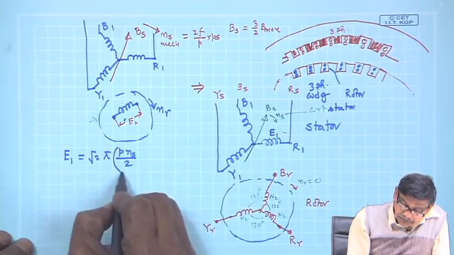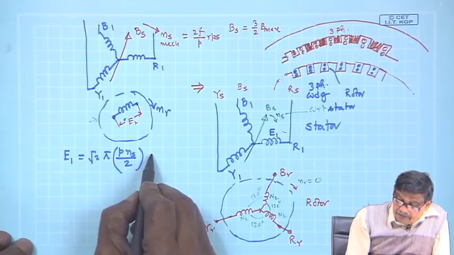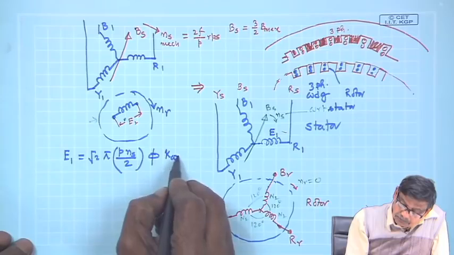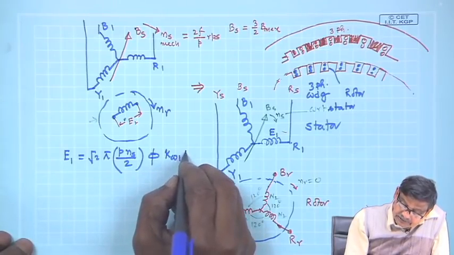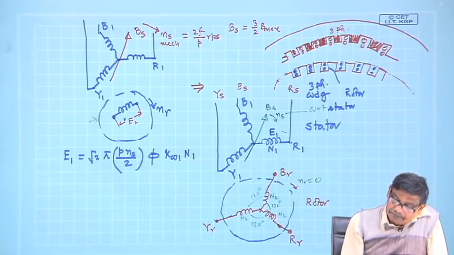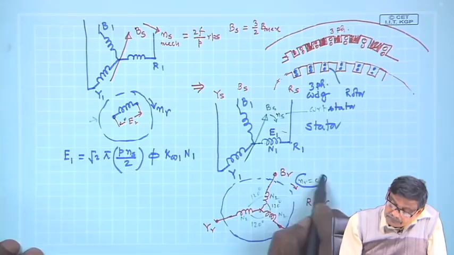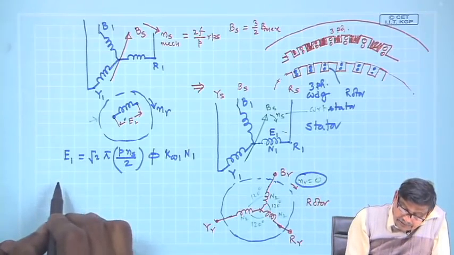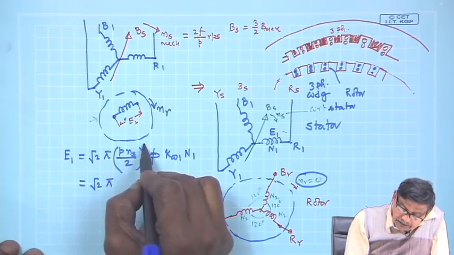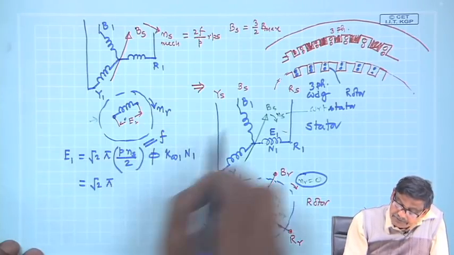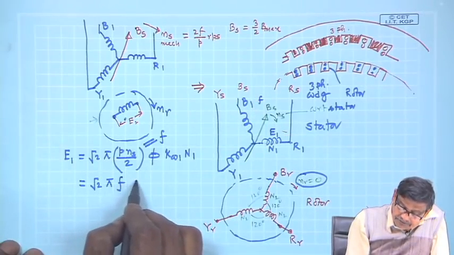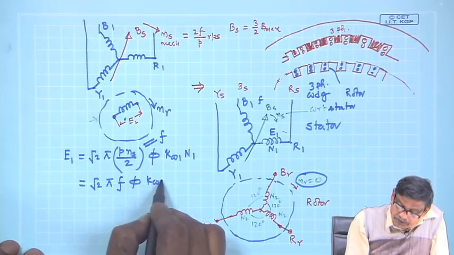So, P ns by 2, times flux per pole, and winding factor of the stator, times N1. What is N1? N1 is the number of turns of this stator winding, with Nr equal to 0. And this root 2 pi P ns by 2 is nothing but the supply frequency f. So, it can be written as root 2 pi f phi kw1 N1.